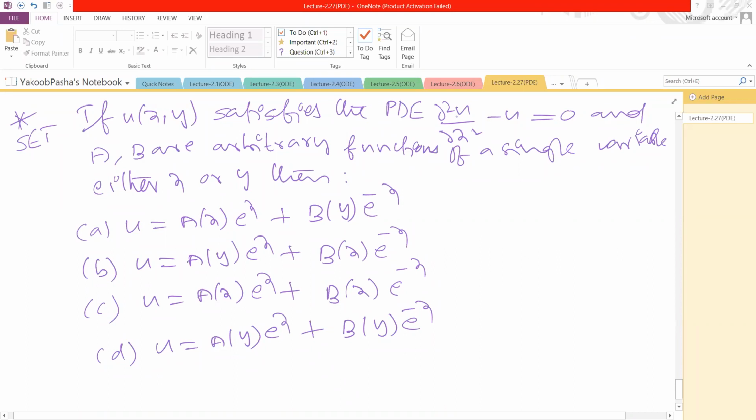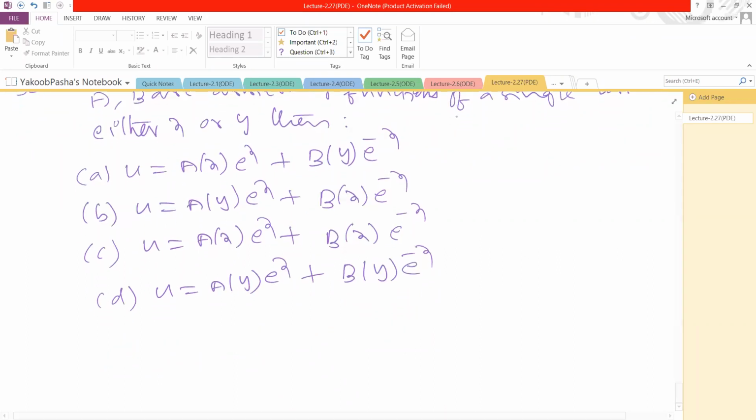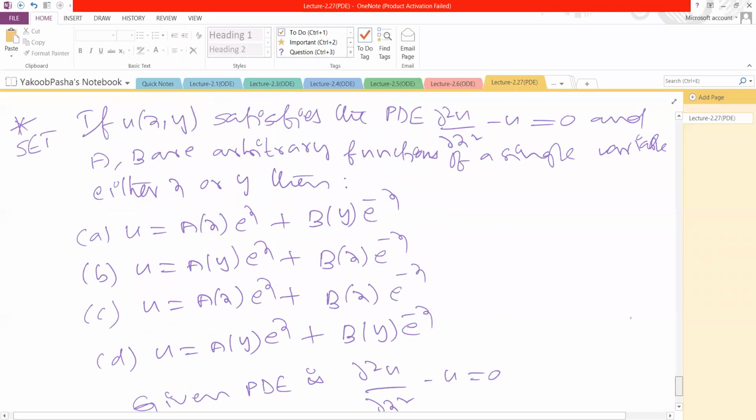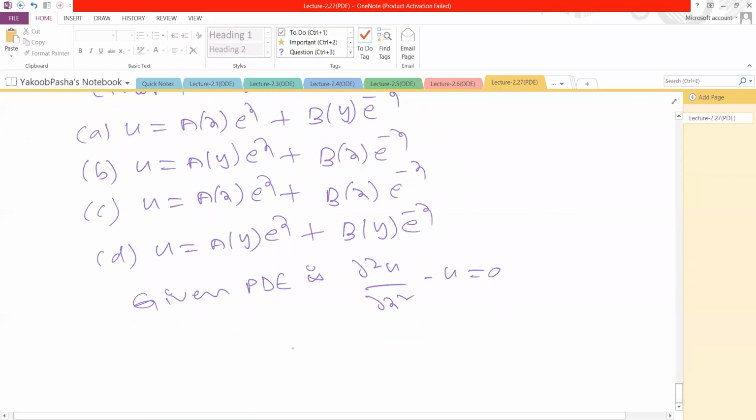We'll see the problem. First, I'm taking the given differential equation or PDE, dou square u by dou x square minus u equal to 0. This is the given PDE. So I'm writing the auxiliary equation. The corresponding auxiliary equation is m square minus 1 equal to 0. m is equal to plus or minus 1.